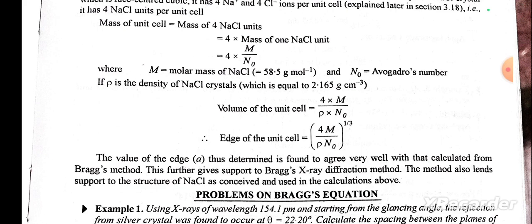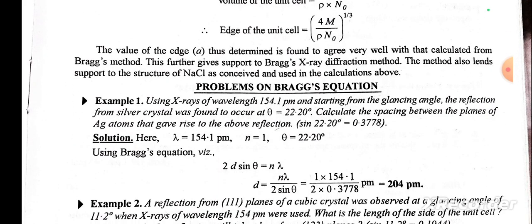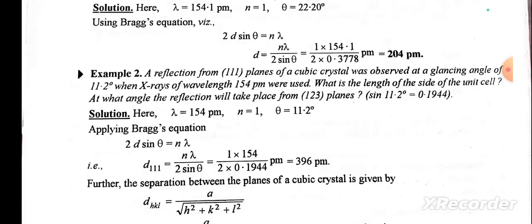If the density of the NaCl crystal is rho, the volume of the unit cell is equal to 4 into M by rho N naught. The value of the edge a determined is found to agree well with the calculation from the Bragg method, which further supports the Bragg X-ray diffraction method. This method supports the structure of NaCl that was assumed and used in the calculation above.